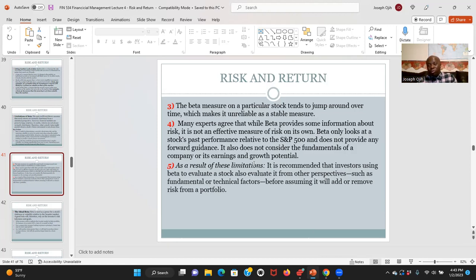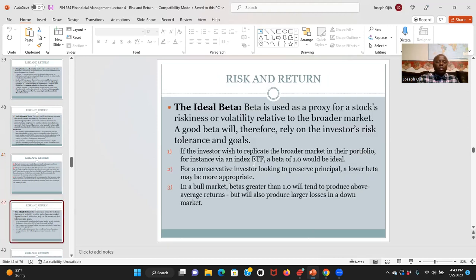I would say use another evaluation measure like fundamental analysis using ratio analysis and other means of evaluating risk. So don't depend only on beta. Try to use at least one extra evaluation measure, which would be good.